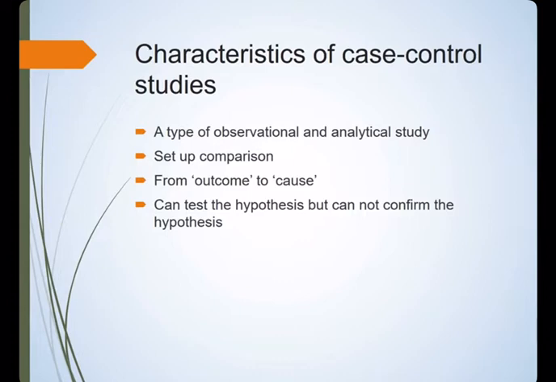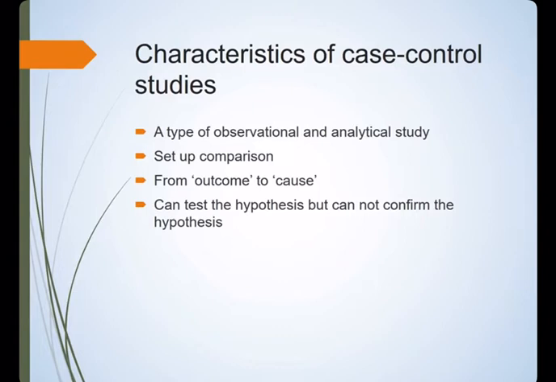We call it observational because we only observe the participants and do not have any interventions for them. And it is analytic because, unlike cross-sectional studies, which only take an observational and descriptive approach to the participants, we have some hypotheses to test.